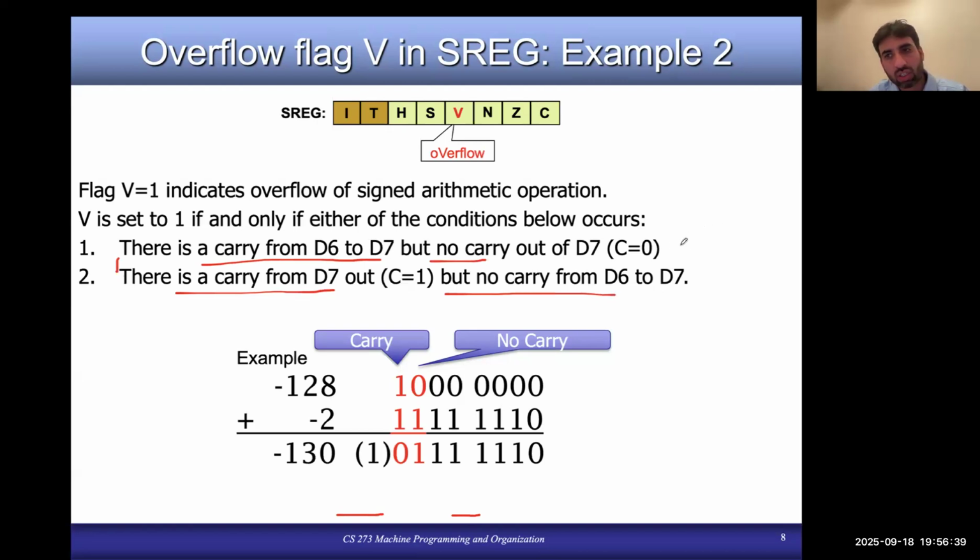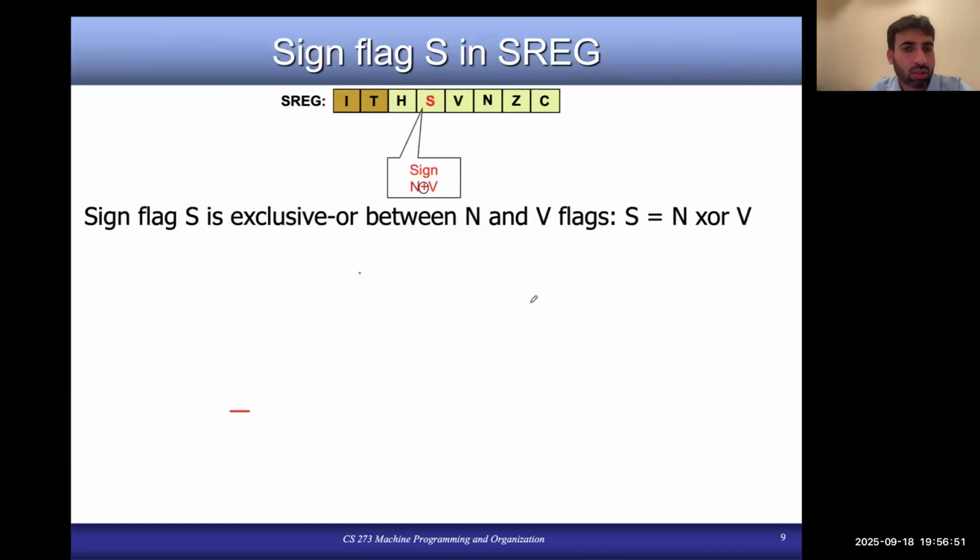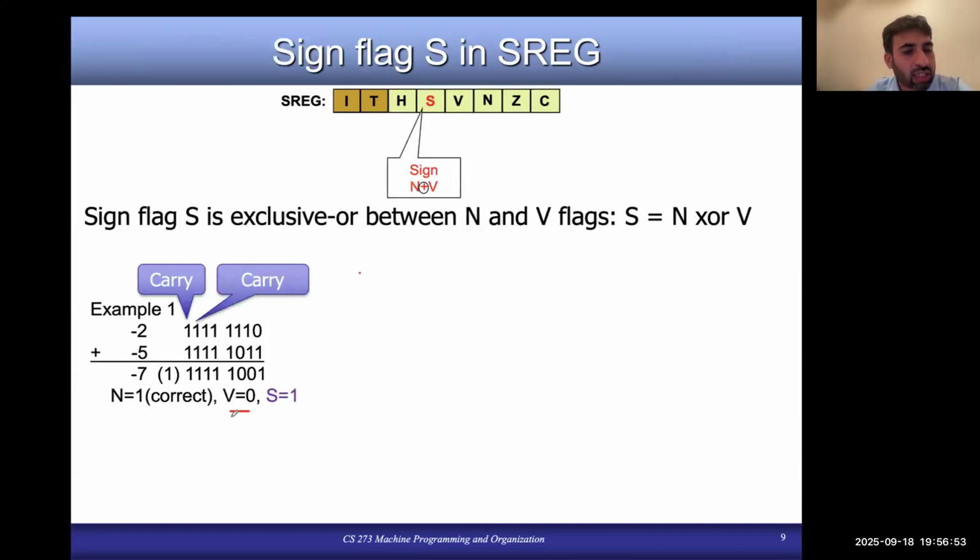Both of these conditions are false because we are having a carry from D6 to D7 and we are also having a carry out of D7, right? And again, this is also false. So that's why the V flag is not set to 1. So V is 0. It means we can now trust, in this case, that your N flag is conveying the correct information, and your sign flag is also conveying the correct information.